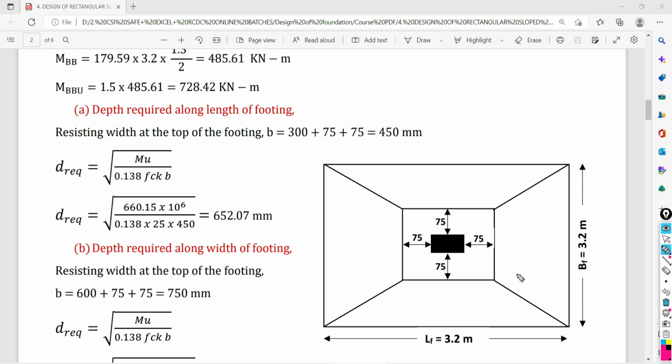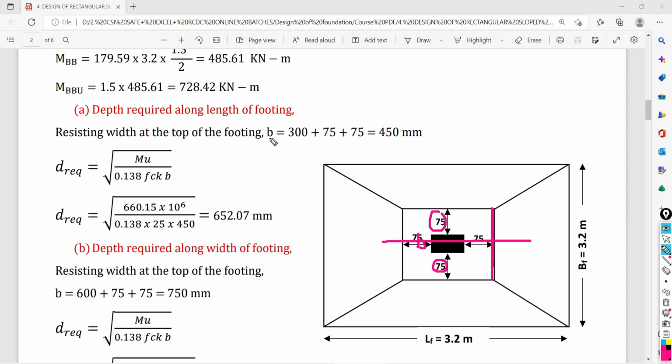So at the face of your column, along the length, this much width we have to consider only. How much is this width? That is 75 plus 75 plus the b width of your column. Column width is 300.